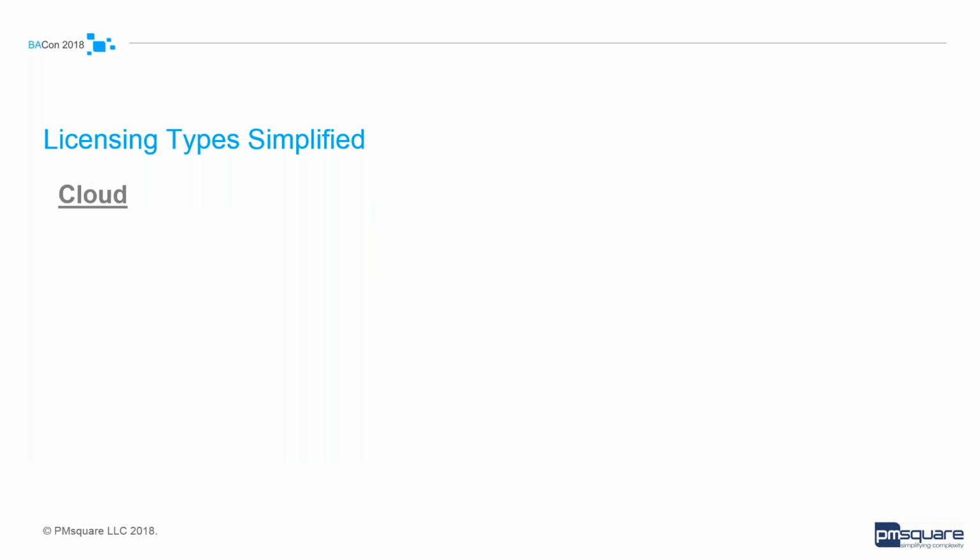The next one is cloud-based licensing. So cloud-based is really offered in both fashions, authorized and capacity. It is a subscription-based license model, meaning while some of the other ones, authorized users perpetual licensing, authorized user PVUs and concurrent licensing, are all perpetual licensing, which means that you pay a certain amount to purchase the software, and then every year after that, you pay 20% of that for the subscription. Cloud-based licensing is a subscription-based model. So you pay a subscription fee, and that fee stays the same each year, year after year.